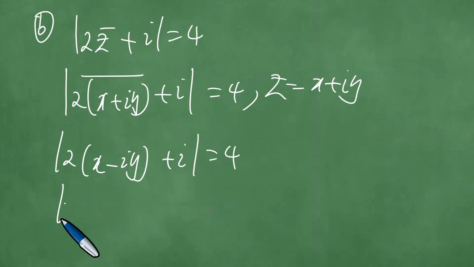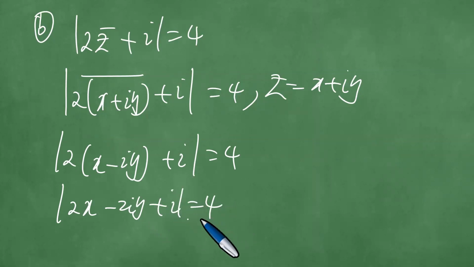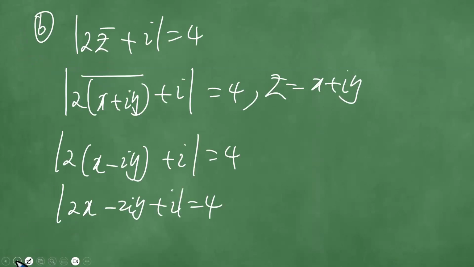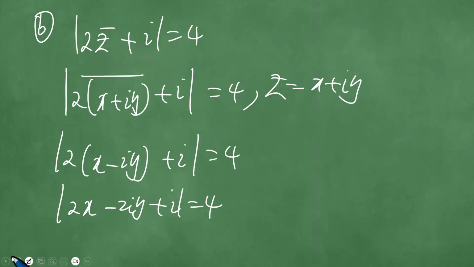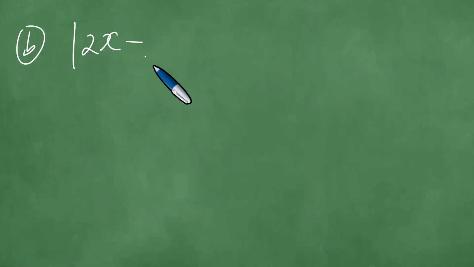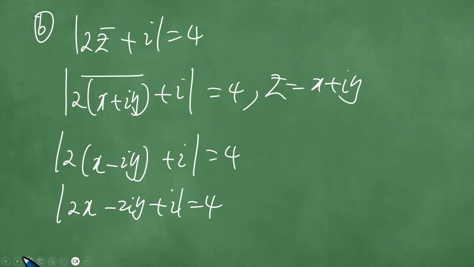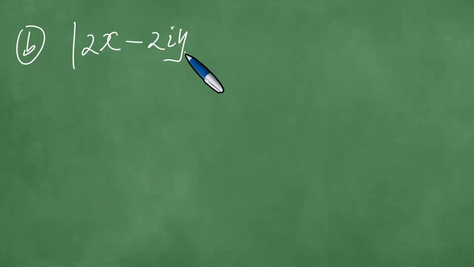equals 4. Distribution gives 2x minus 2yi, or minus 2iy, plus i equals 4, which is the same as 2x minus 2iy plus i equals 4.